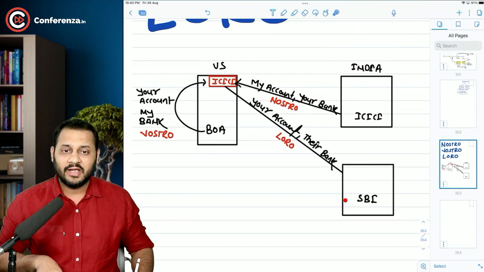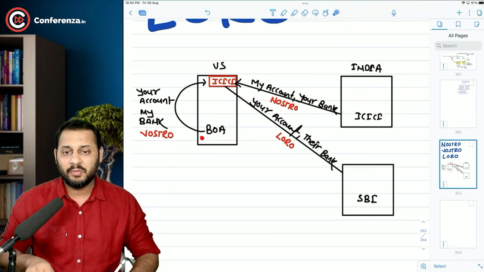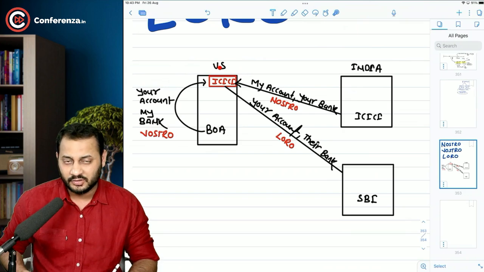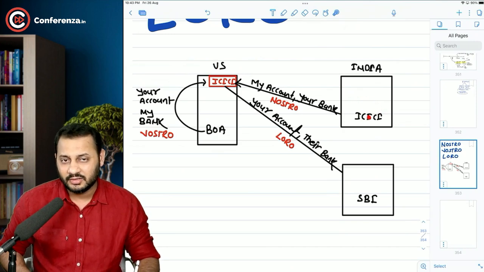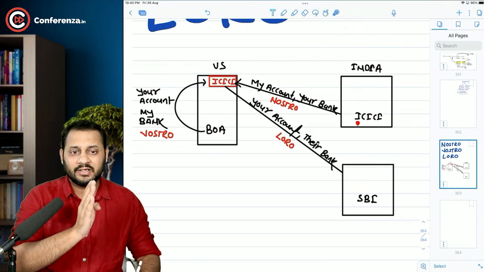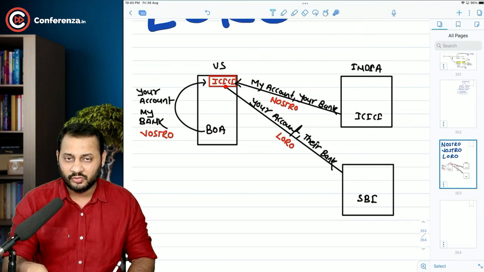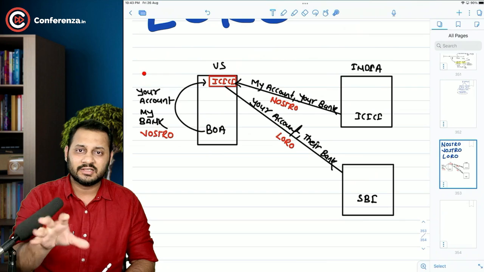Now if SBI wants to use the ICICI account in Bank of America to settle some transaction in America, SBI will take approval from ICICI bank. SBI will give an instruction to ICICI bank that from your nostro account, you pay this and this party in America this and this amount.